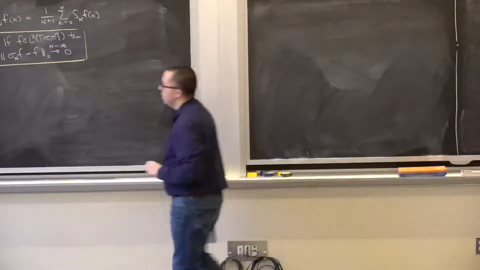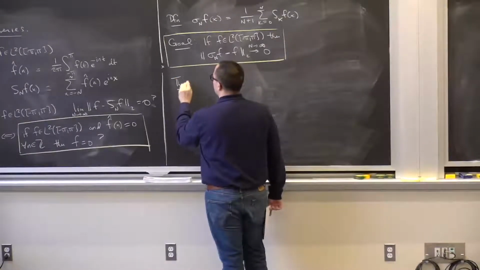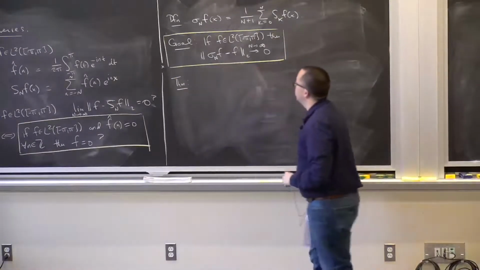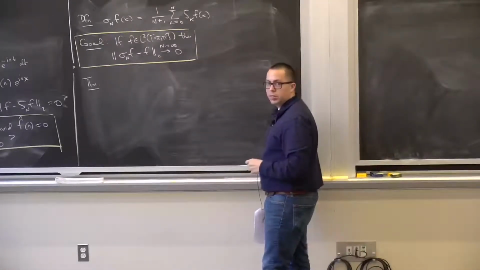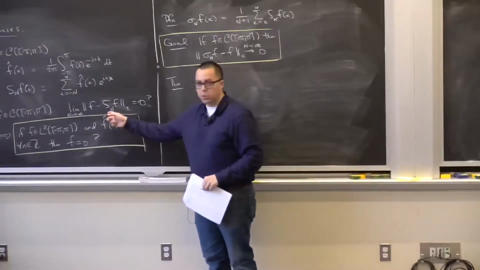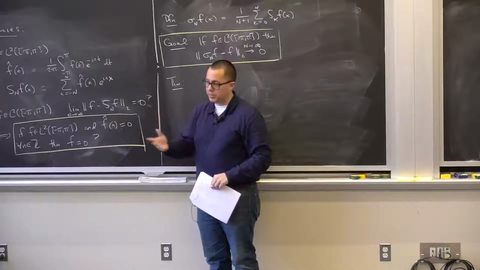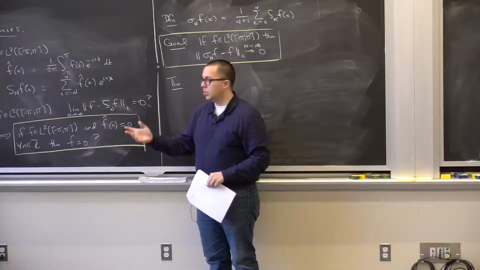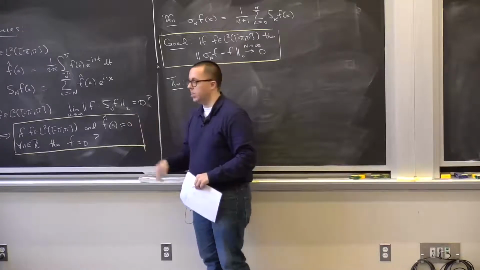Okay, so let me first rewrite the Cesaro Fourier means slightly differently, sort of how we did in the previous lecture for the partial Fourier sums. We wrote them as what's called a convolution. I haven't defined convolution, but an integral of a function depending on x and t times f of t dt.